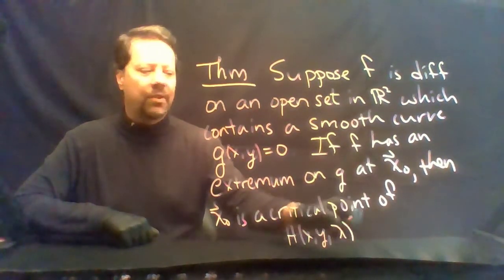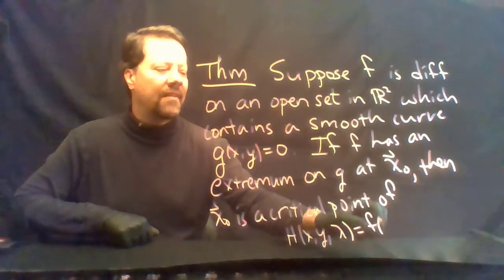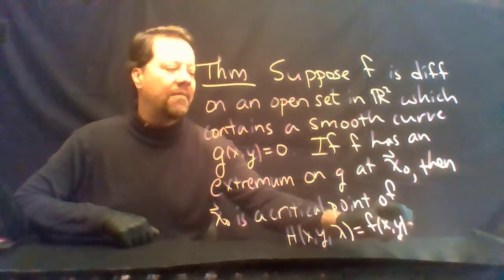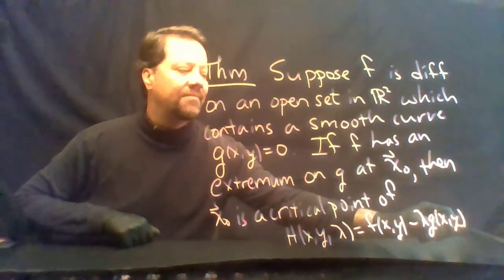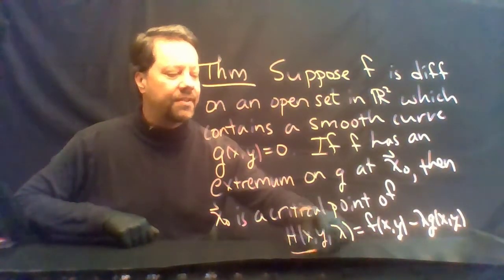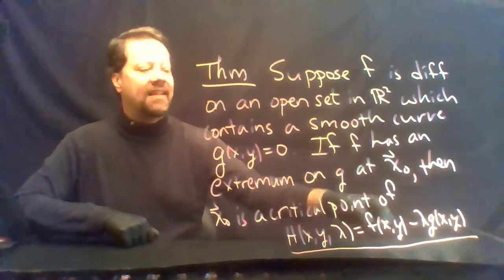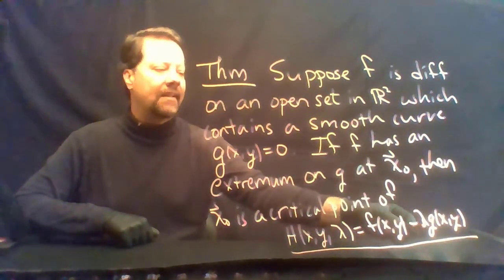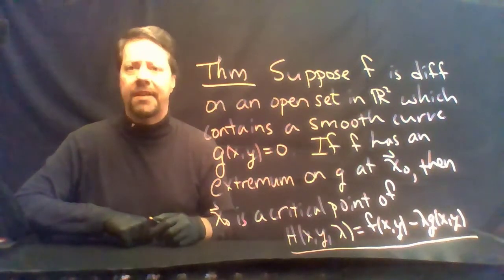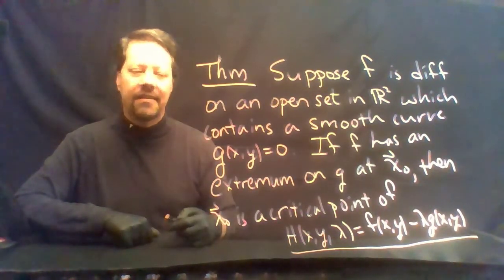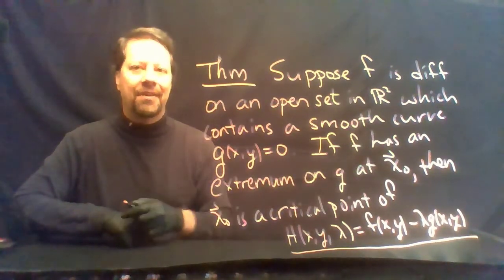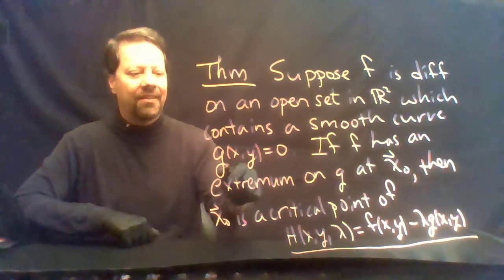There's your Lagrange multiplier. F of x comma y minus lambda g of x comma y. So you're going to construct this function big H by taking the objective function f and subtracting a Lagrange multiplier times the constraint function. The critical points of this are where you need to hunt for the extrema of the function f on the curve g.